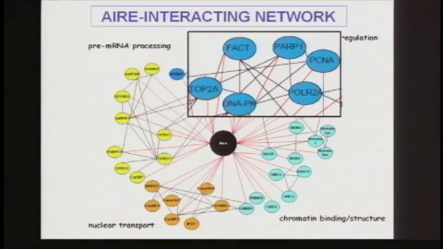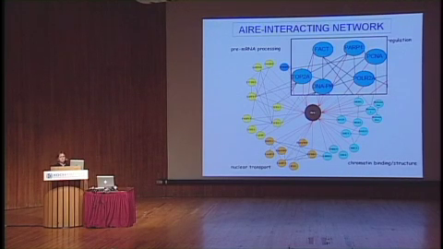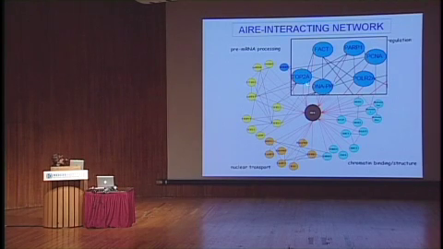But perhaps most important is to know whether or not mutation or removal of these proteins has an effect on the ability of AIRE to induce peripheral tissue antigen transcripts in medullary epithelial cells. Now, many of you will recognize that DNA-PK, the catalytic subunit of DNA-PK, is the protein that's mutated in the SCID mutant mouse.